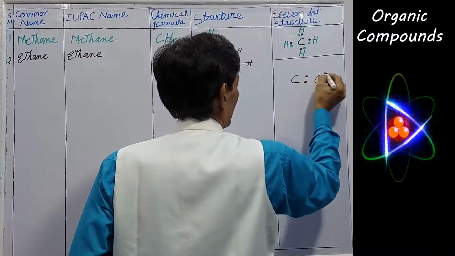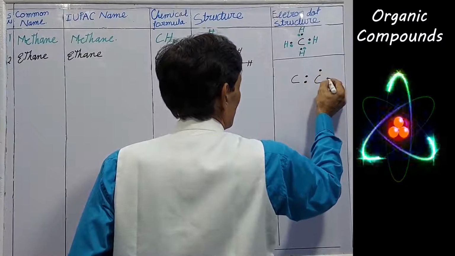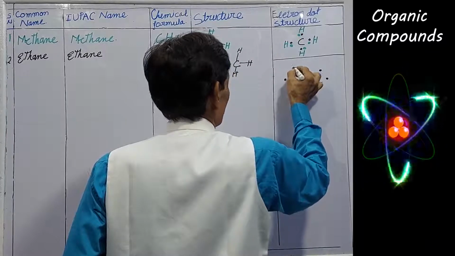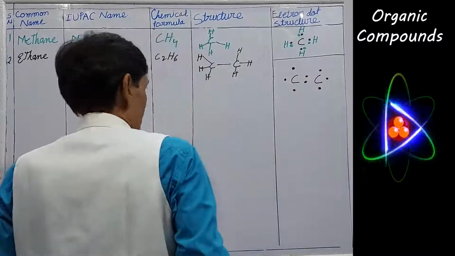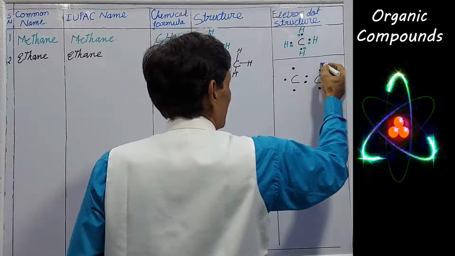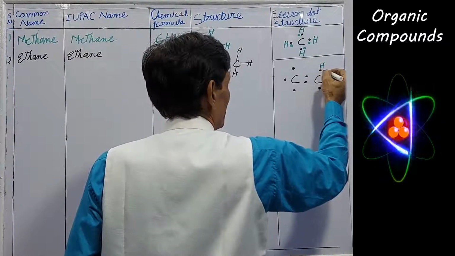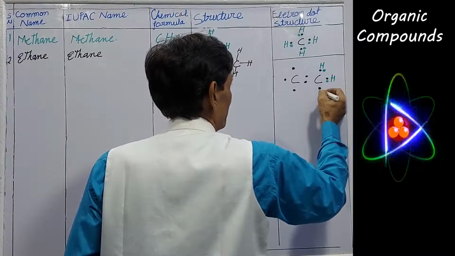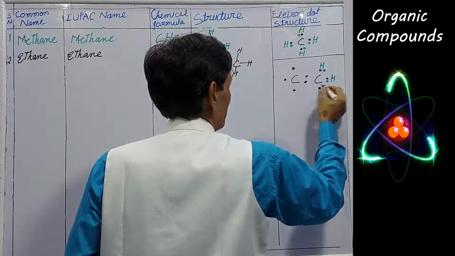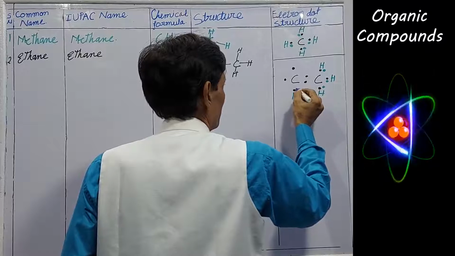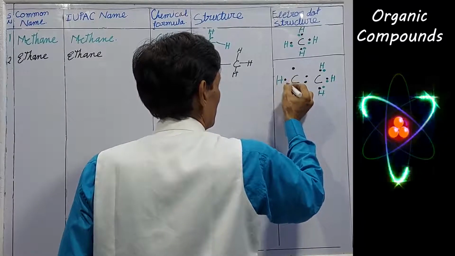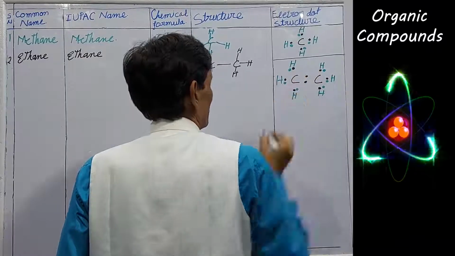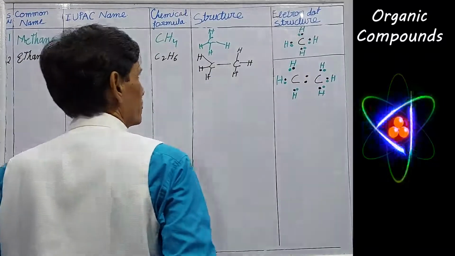One pair of electrons is shared with each hydrogen, and there are 6 hydrogens. The hydrogen electrons I am representing here in green. Like that, this is the electron dot structure of ethane.